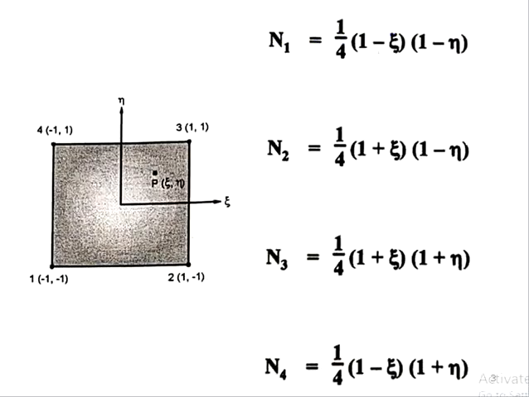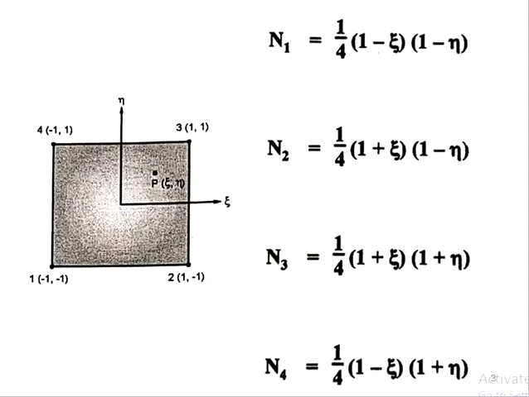So the LSR element has 4 nodes, node 1, node 2, node 3 and node 4, and the respective shape functions are N1, N2, N3, N4. We can write them in terms of natural coordinates psi and eta. N1 is 1/4 times (1 minus psi) and (1 minus eta).